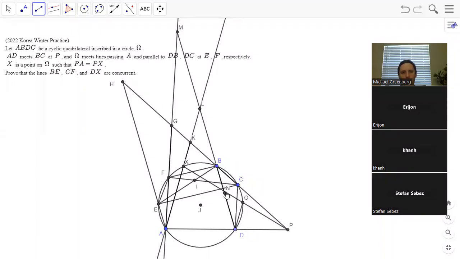I forgot what N is. Oh, that's just where AC intersects BD.